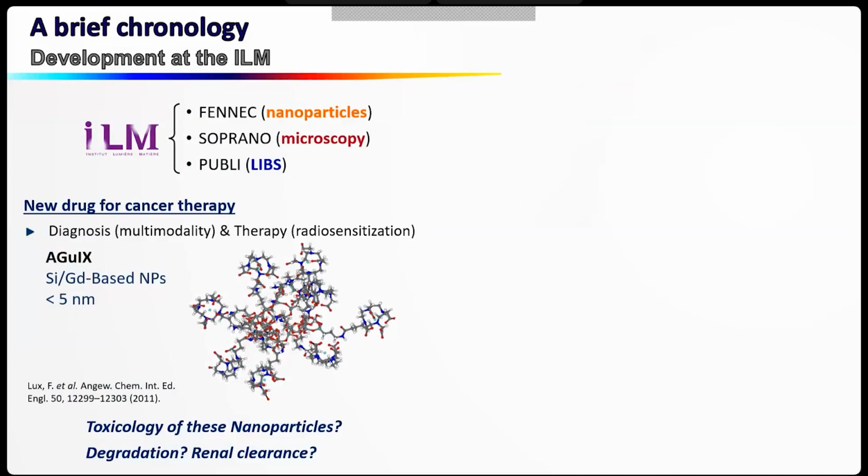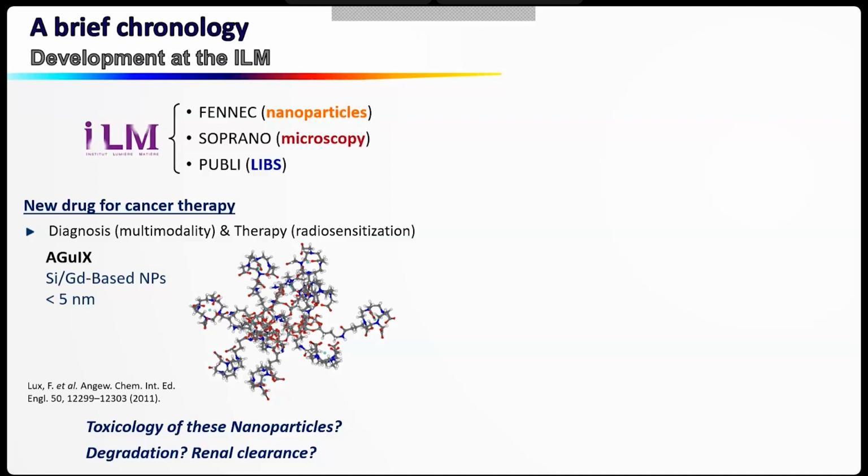And we were very lucky because in the ILM, there is a team that is developing nanoparticles for many purposes, artwork, many things, and also for medical applications. So these nanoparticles called AGuIX are now today administered to humans for cancer therapy.